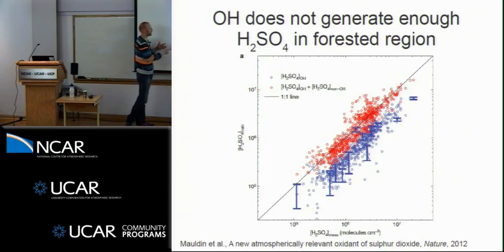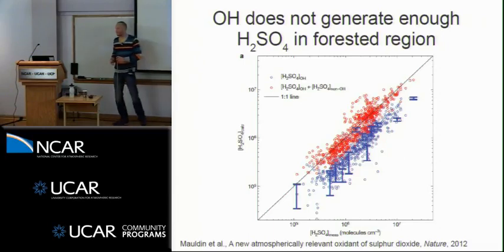But when they do this calculation, they were always about a factor of 2 or so low. They were not able to get closure between their calculated sulfuric acid and what they were actually measuring. So they needed some correction in order to get to the one-to-one line, and they're saying there's some sort of non-OH oxidant of sulfuric acid.